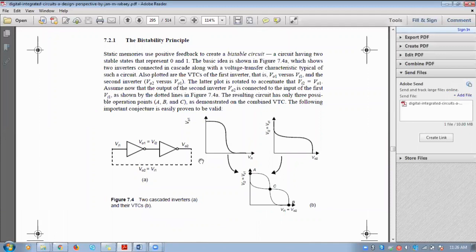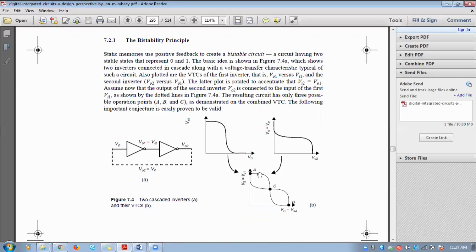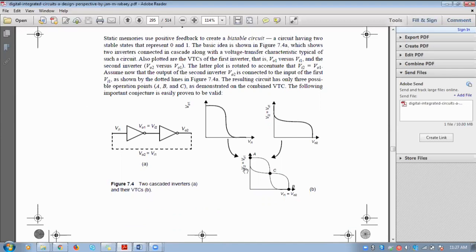As per the structure, we have connected the output of the first inverter to the input of the second inverter, and the output of the second inverter to the input of the first inverter. The figure shows the DC transfer characteristics of both the inverters and the characteristics of the combination of these two inverters.